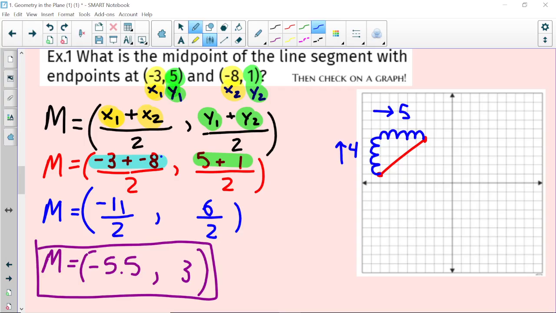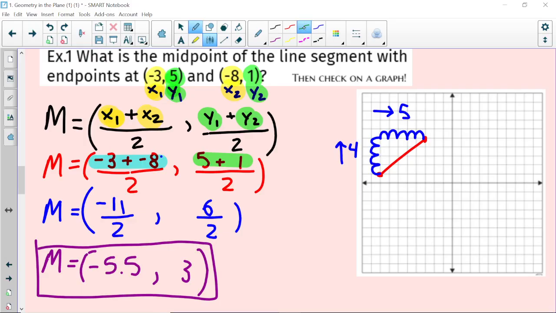So if we want to find the midpoint, the halfway point, what do you think we should do to our slope to find the halfway point? Cut it in half. To find the halfway point, we cut the slope in half. So instead of going up 4, what's half of that? 2.